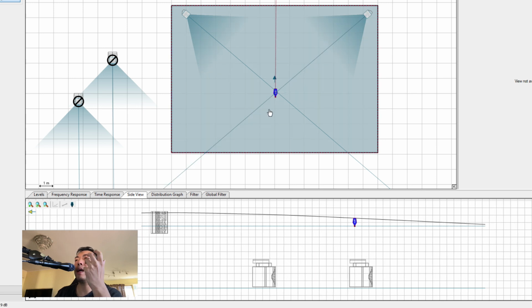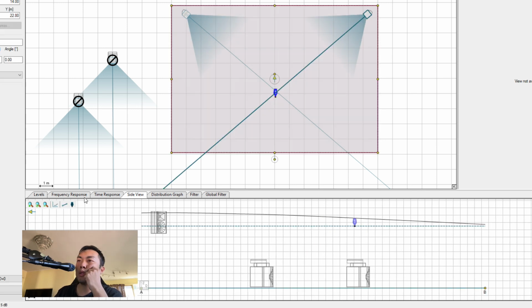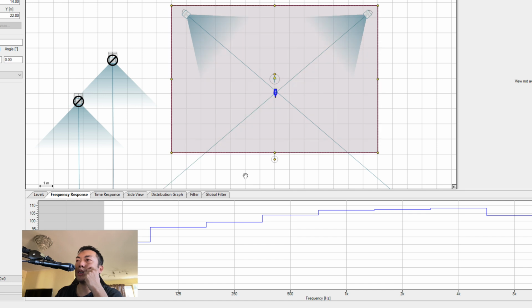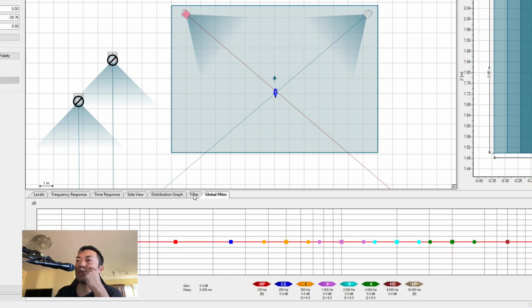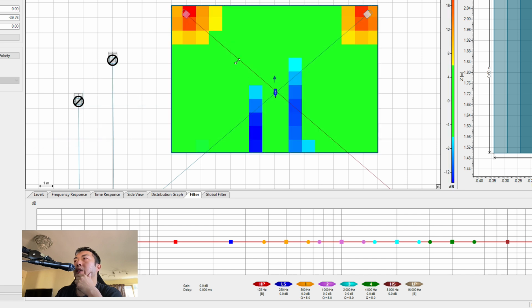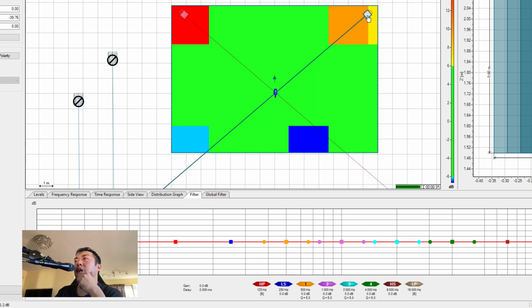Now, what happens here when we look at the frequency response is that generally you're going to get some decent sound, right? And we're going to show that with this color mapping. Now, it's not important what these color mappings mean.